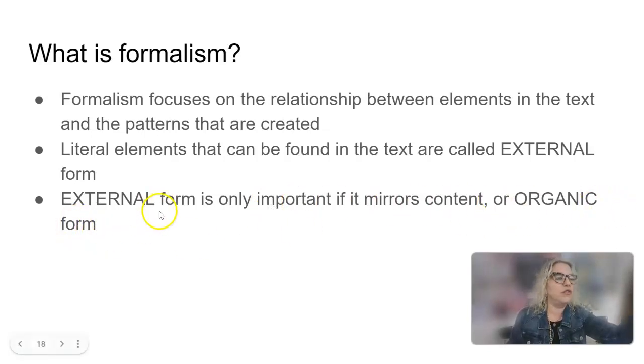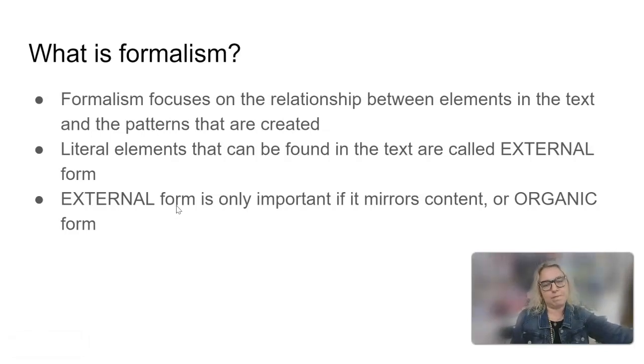In other words, if you find something interesting in a text, but you can't figure out how it connects to what the text is about, you don't see it creating a pattern at all, you just see this one random thing.